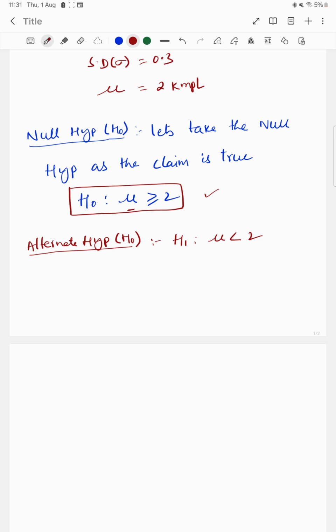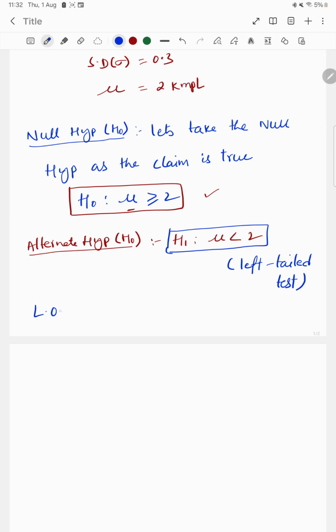So then obviously H1 will be less than 2. So that's why our H1 will become mu is less than 2. We can clearly observe that it's coming under a left tail test, because we have less than.